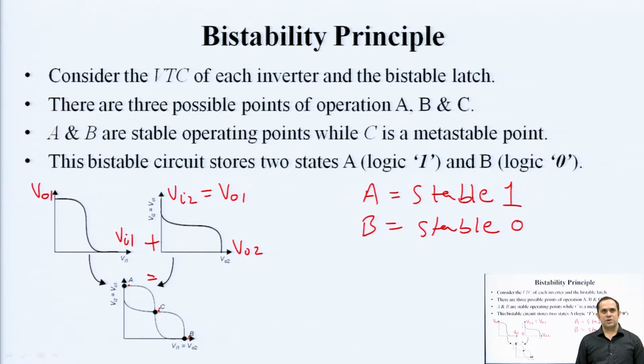If you bias your bistable circuit at point C, such that the circuit becomes triggered at this point, the energy is so high and the gain of the inverter circuit is so high that the output either switches back to A or back to B. Which basically means that at any point of time you are going to see at least one stable state, either stable A or stable B. At point C, it is a metastable point, the point of instability, and your circuit more often than not immediately shifts back to one of the stable states.